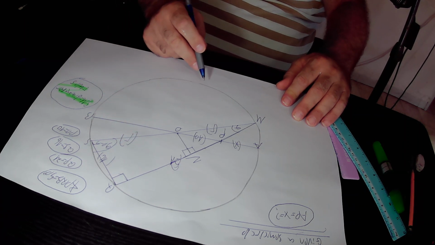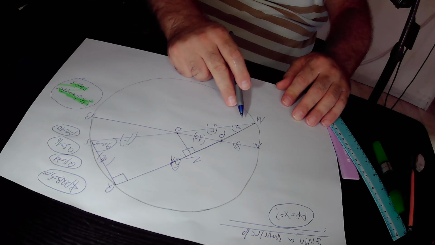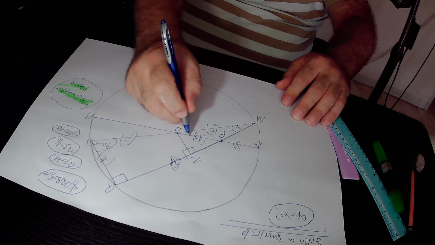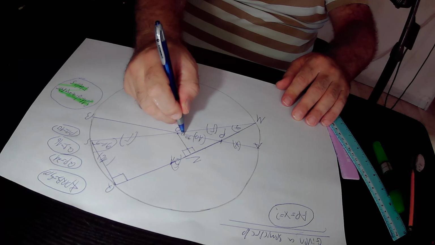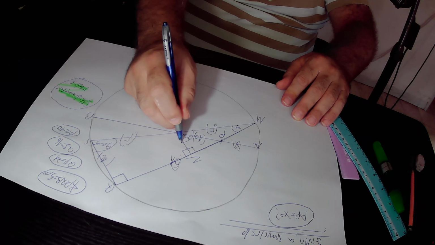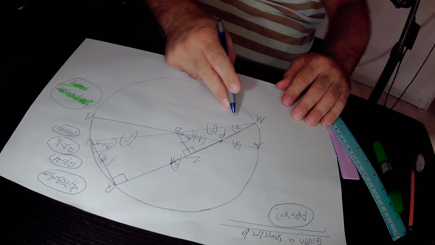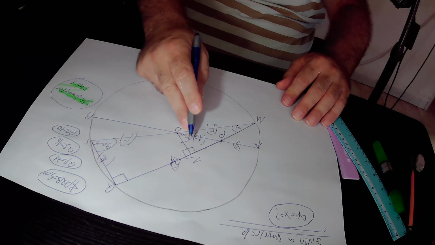Likewise, in the small right triangle NOM, this angle equals alpha, this angle equals 90 degrees, and therefore this third missing angle must be equal to 90 degrees minus alpha. Because 90 degrees minus alpha plus alpha is 90 degrees, and 90 degrees plus 90 degrees is equal to 180 degrees. That is the sum of the angles in any triangle.